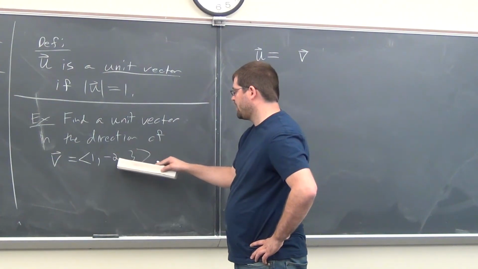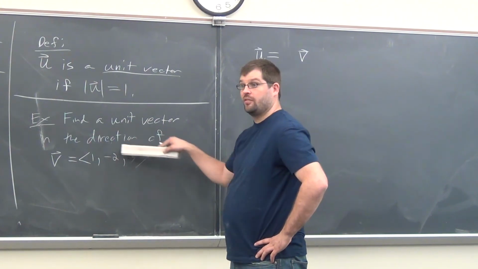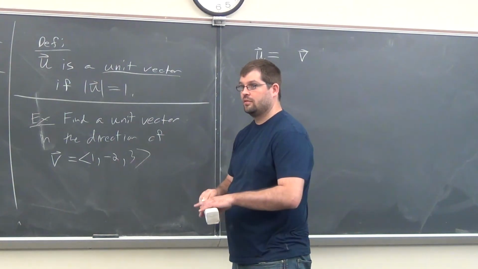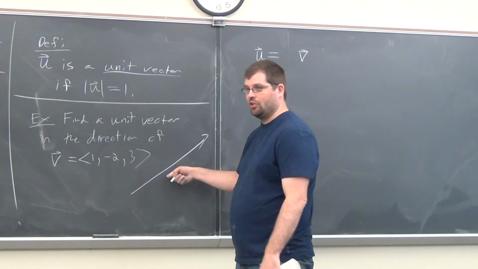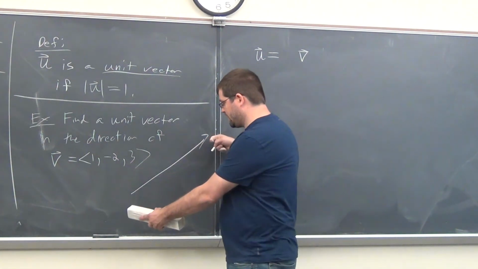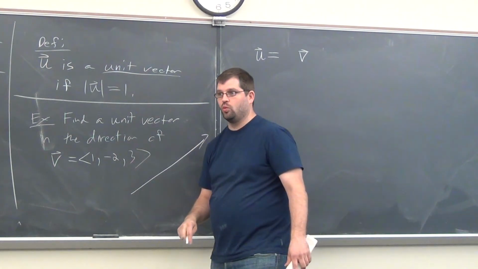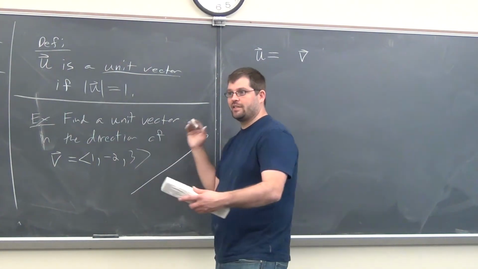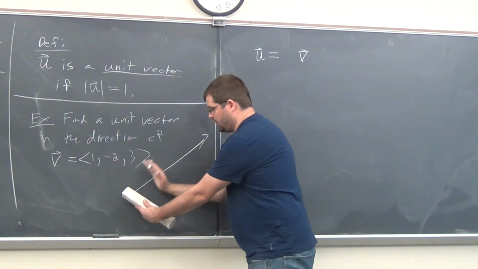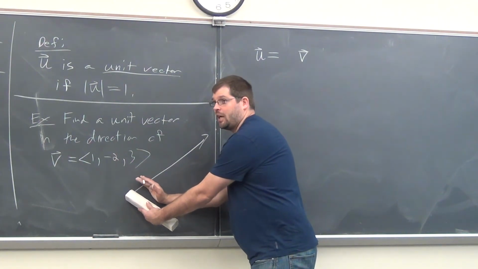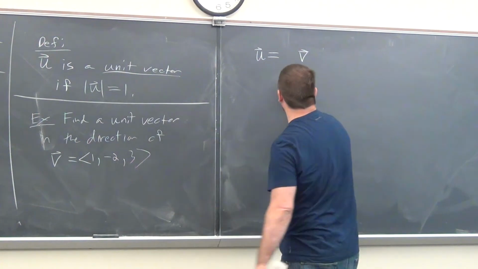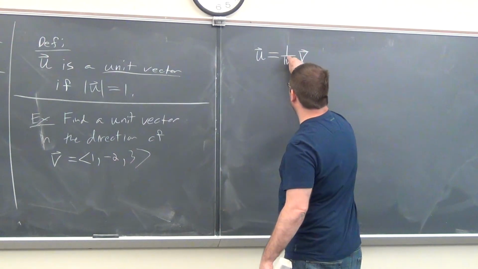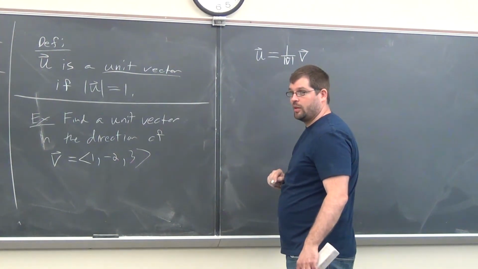You're taking this vector, so what's the length of this vector? Say I have a vector of length 10 billion. How do I scale it back to size 1? I divide it by 10 billion, whatever its length is. So I take v and multiply by 1 over the size of v. Does that make sense?